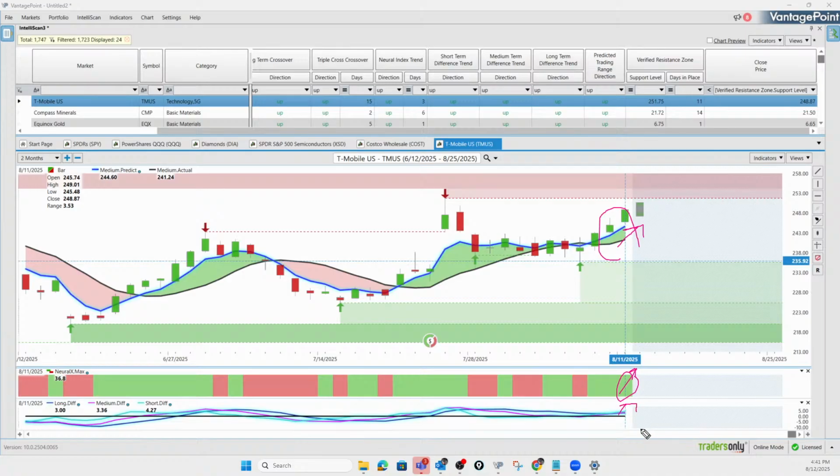Predictive differences or strength? We do, right? And then of course, we're not yet up against resistance, so we know we're not running smack dab into a barrier. We have a little bit of room to generate some momentum before we have to contend with any sort of resistance, right? And I believe T-Mobile was up today, right around 252, right?